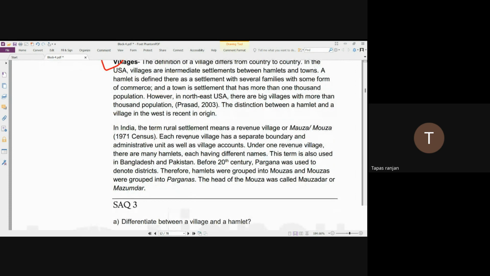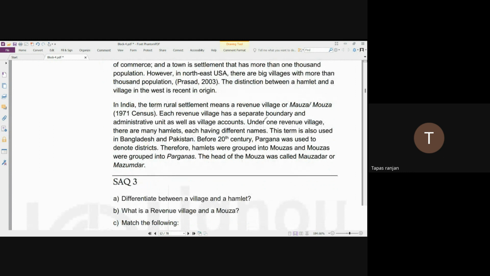So in India, the term rural settlement means a revenue village. That is what we call Moja. Okay, in the 1971 census, it was officially introduced, and each revenue village has a separate boundary and administrative unit. Now we are having gram panchayats.